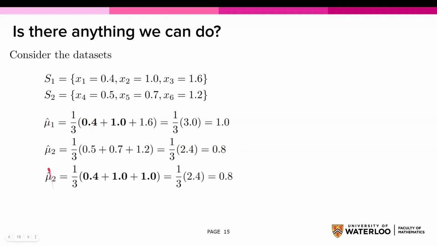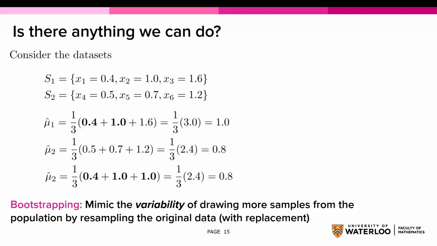That would give us exactly the same answer as we got with the true estimate of our mean. So this idea of reusing data gives us a way to explore variability even without gathering new data. And this is the key idea behind bootstrapping.